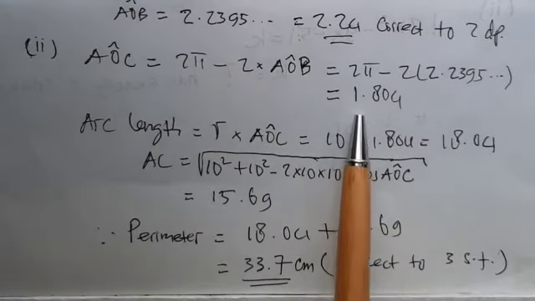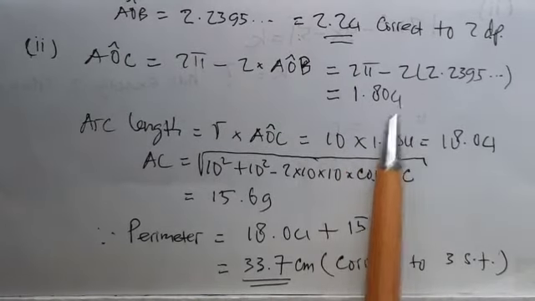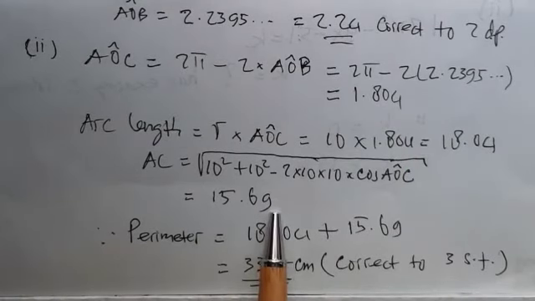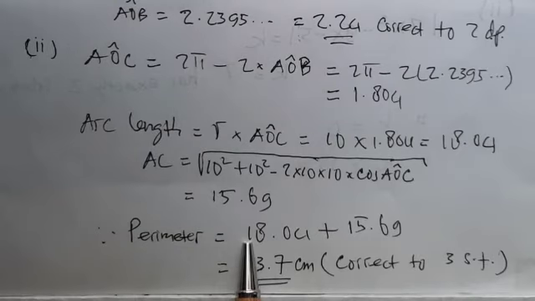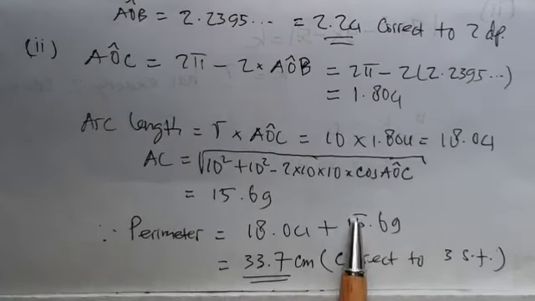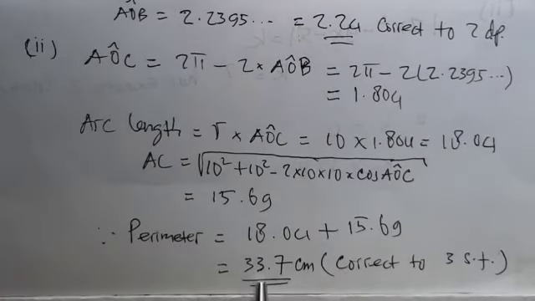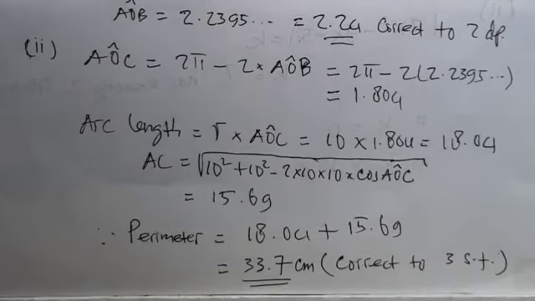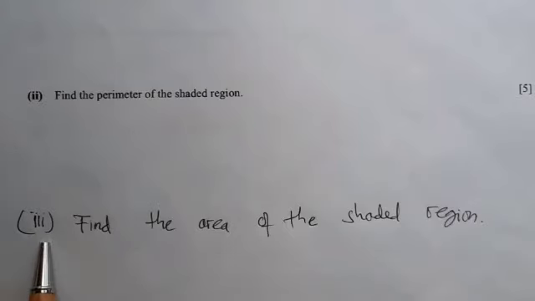Angle AOC is 1.804. We obtain the length of AC is 15.69. Thus the perimeter, that is the arc length plus the length of chord AC, we obtain 33.7 cm, correct to 3 significant figures.